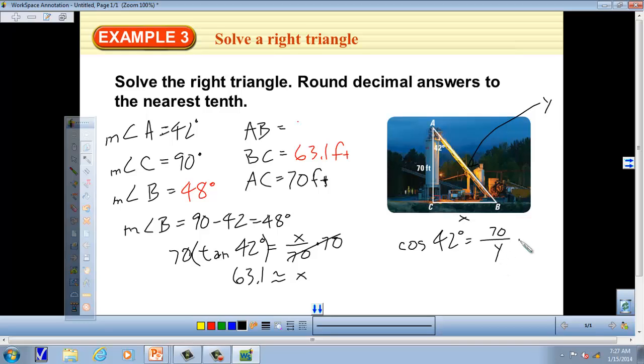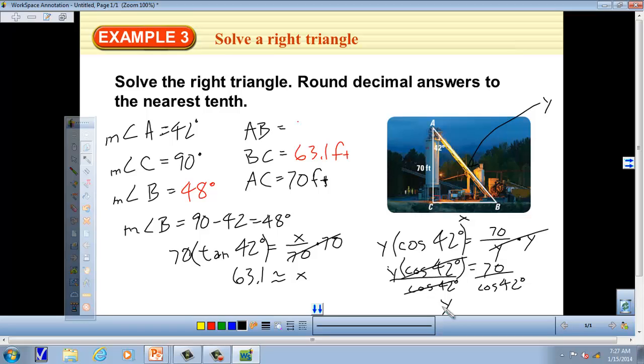I'm going to multiply both sides by y. We get y times cosine of 42 degrees is equal to 70, and we divide both sides by cosine 42. The cosine 42's cancel, and we get y is equal to 70 divided by cosine 42.